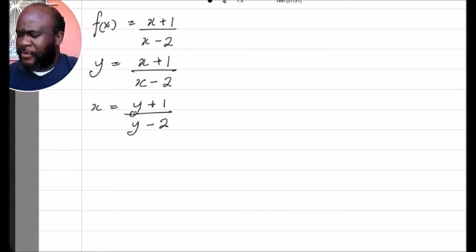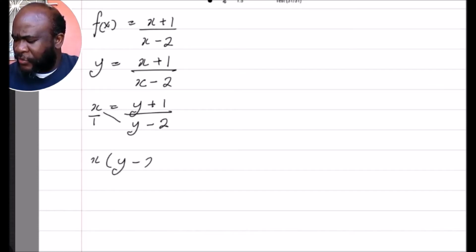So I'm going to put x over 1. And if I have one fraction is equal to one fraction, then I'm going to cross multiply. So I have x times y minus 2 is equal to 1 times y plus 1. When I multiply anything by 1, it remains the same. So 1 times y plus 1 is y plus 1.